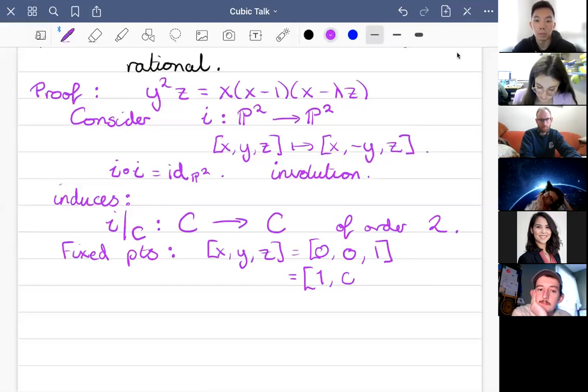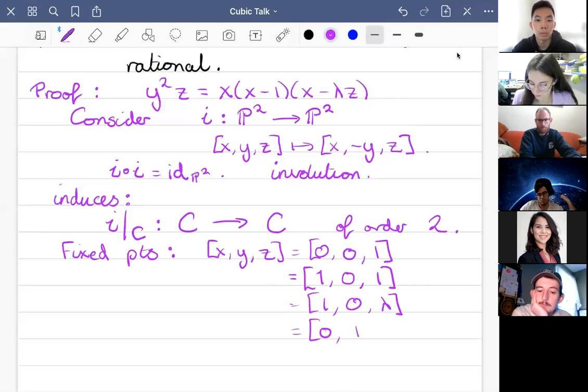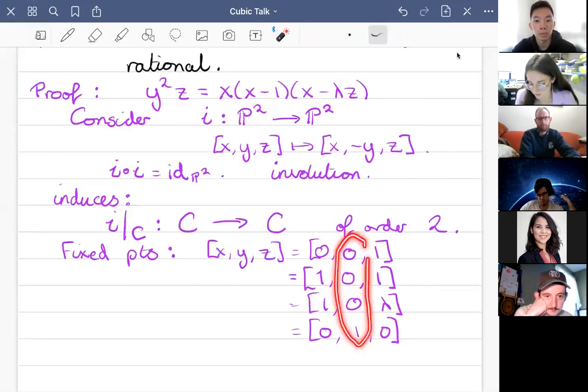Another is 1, 0, 1, 1, 0, lambda, and 0, 1, 0. And so you can check if you plug in all of these points into my equation, they do belong on the curve, so that's good. And they are fixed by the involution. And you can see that they're fixed right here by looking at the y.